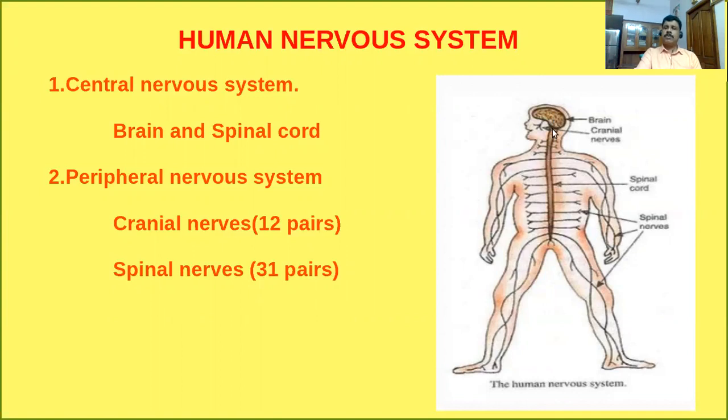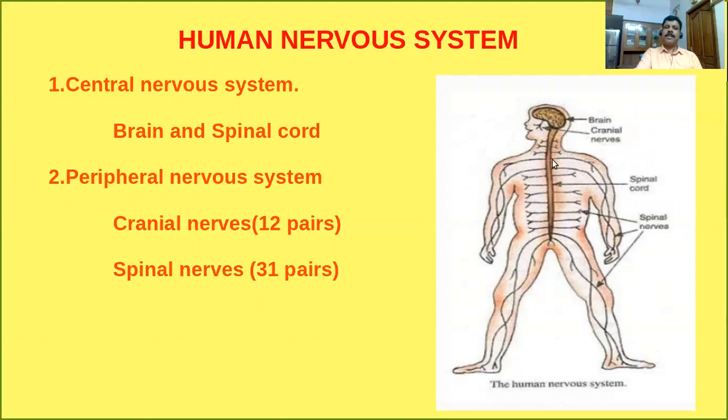Or which are the most important parts included in the central nervous system? Look at the diagram. The brain and the spinal cord are involved in the central nervous system. The different types of nerves arising from the brain and the spinal cord together form the peripheral nervous system.